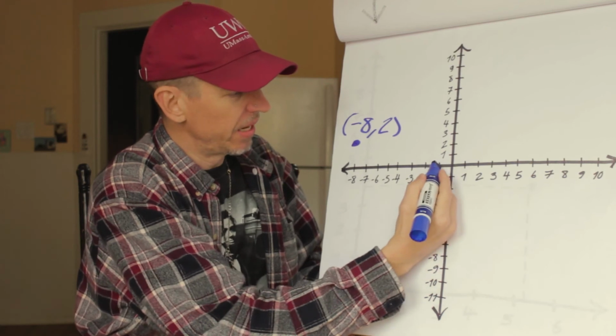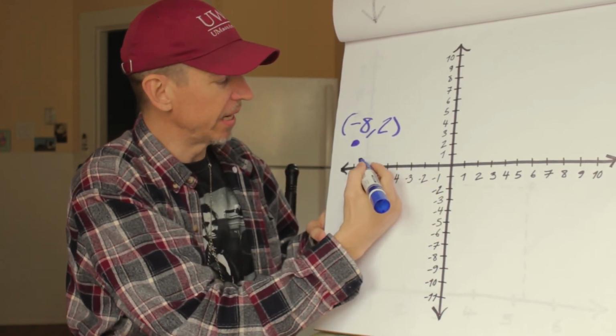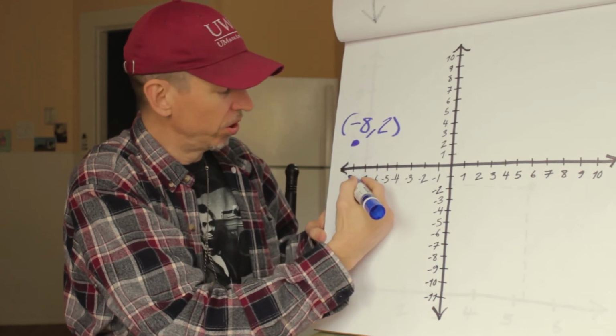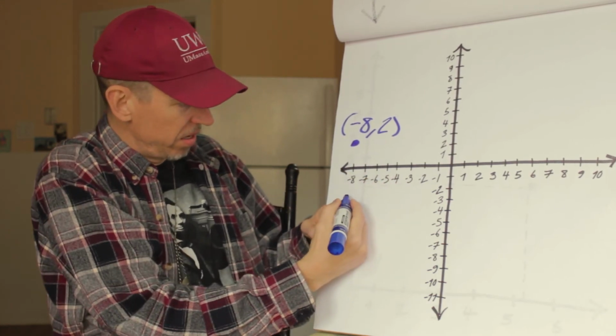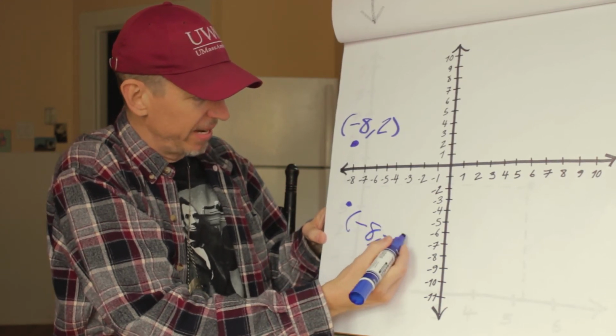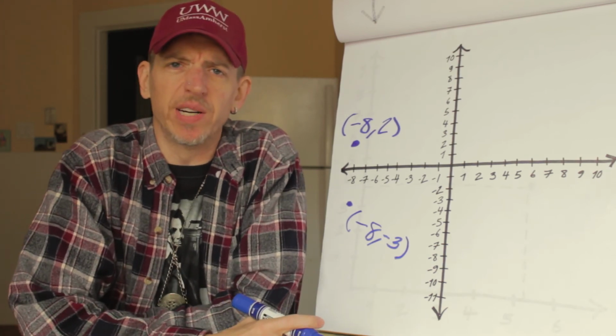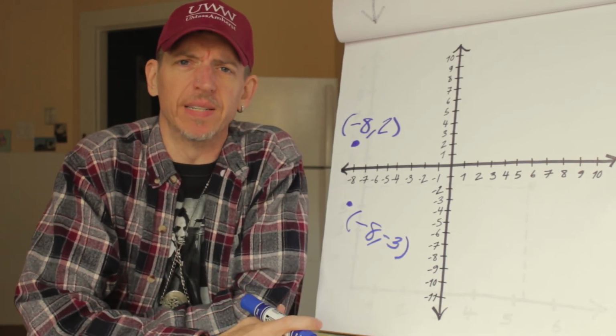Watch. Negative 1, 2, 3, 4, 5, 6, 7, 8. Negative 1, 2, 3. The coordinate pair is negative 8, negative 3. I have now demonstrated the proper use of the coordinate plane.